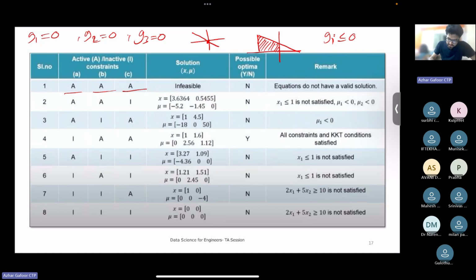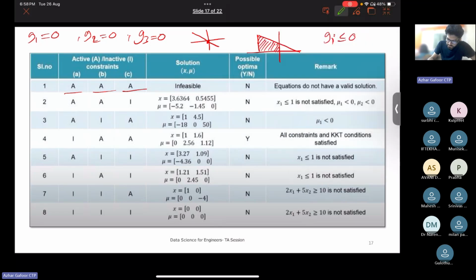But in this case, these two have a common point here. So this constraint and this constraint can be active, or these two can be active. Here we have one more point, which is common to this constraint and this constraint, but it is outside the solution zone. So it is also not a feasible solution.